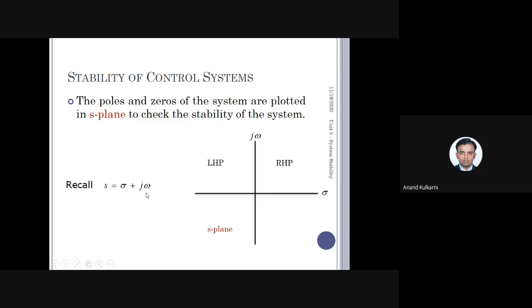If it is sigma minus j omega, sigma is on the positive real axis, whereas omega is on the negative axis. The point will lie here, that is in the second quadrant. If both are negative, minus sigma minus j omega, then it will come in the third quadrant. If the imaginary part is positive and the real part is negative, that is sigma is negative and omega is positive, it will come in the fourth quadrant.